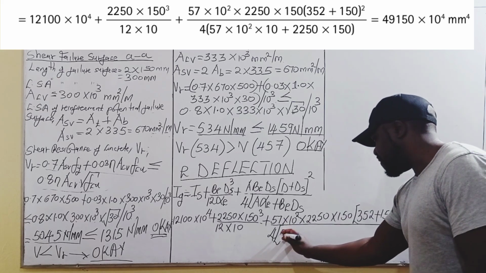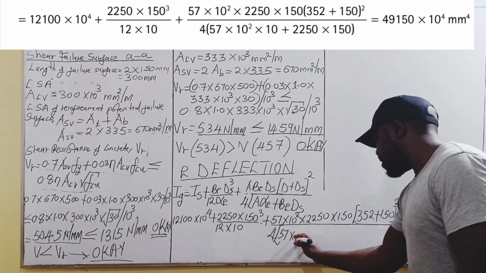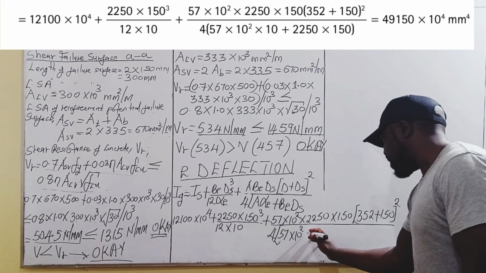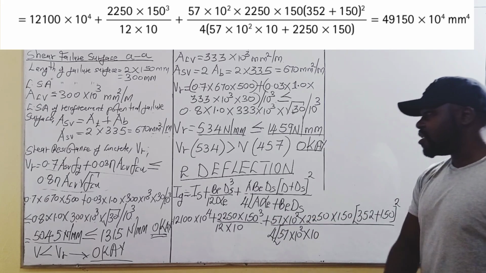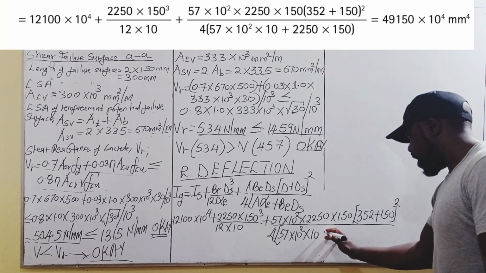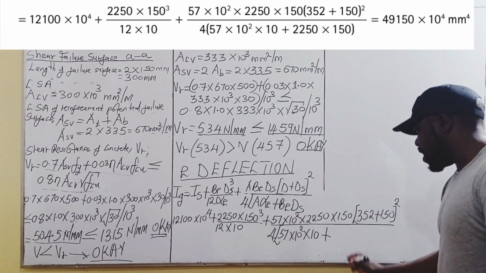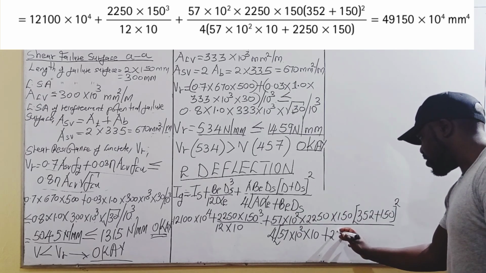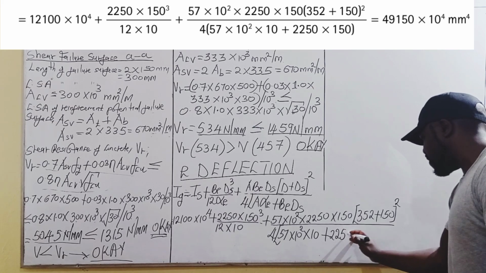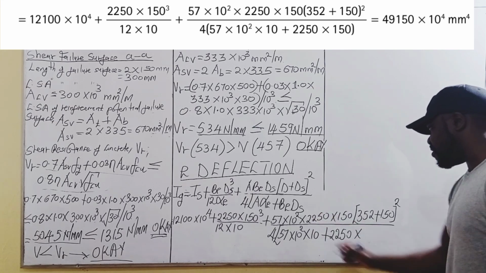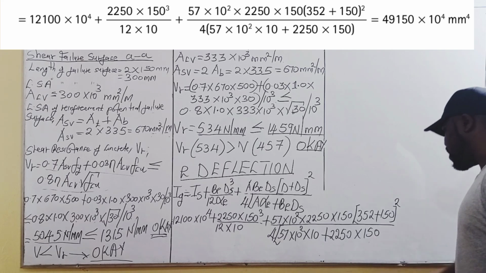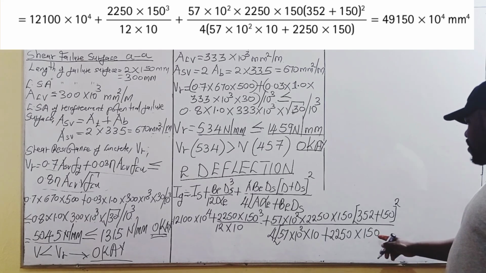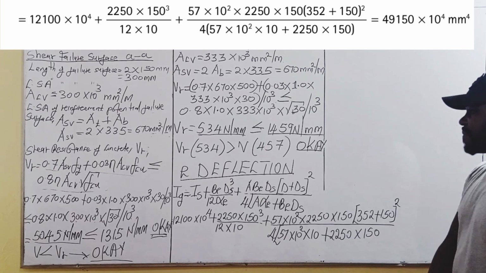We divide the whole of that part by 4 into the area of our section from Appendix B, 57 square centimeters, convert to square millimeters, multiply by 10 squared, times modular ratio for normal concrete, which is 10. Then we add BE, the effective width of our section, that is 2250, times the depth of the concrete slab, 150.